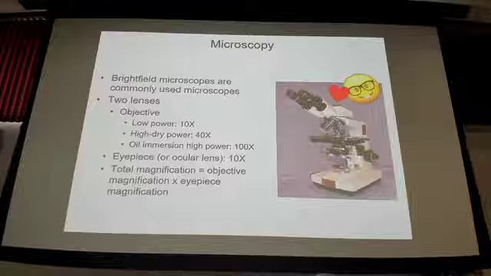So this is oil immersion, where you'd have to literally place a drop of oil on your slide with a gram stain or something like that, and then lower that stage so the objective is actually touching that oil. Oil has about the same refractive index as glass, so you eliminate some of the distortions and get higher resolution if you put that oil drop on there. So 100x oil immersion is the highest power you can get on that.